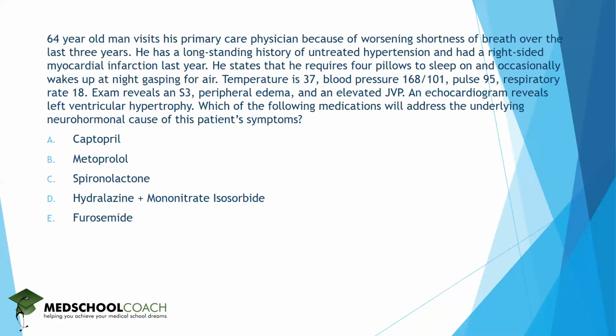So the things that would directly affect that would probably be an ACE inhibitor, since that directly affects the renin-angiotensin system. You did mention that increased sympathetic activity also increases the RAS system, but I don't think metoprolol is really going to directly affect the RAS system more than captopril.